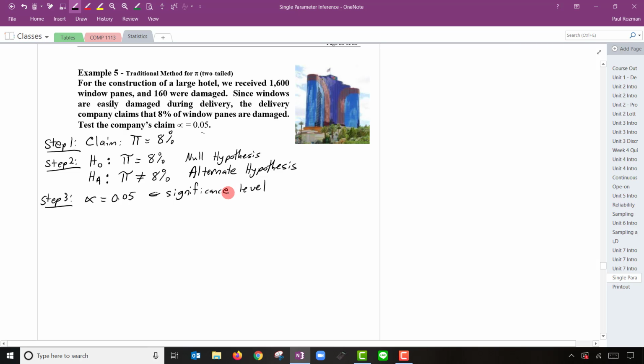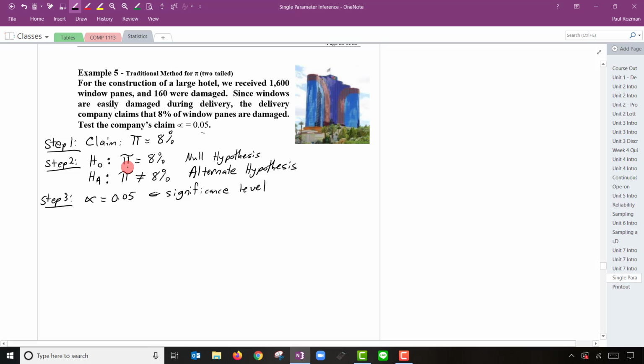Basically, what this means is we will accept that there's a 5% chance that we are going to reject the null hypothesis, even though it's true. That we'll get some weird data that would cause us to reject H0, even though it's actually true.